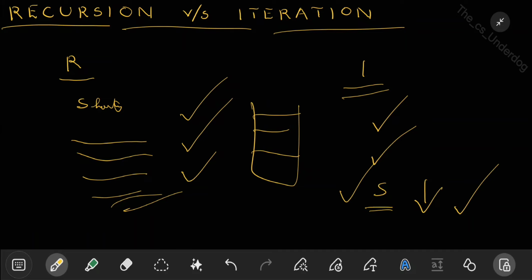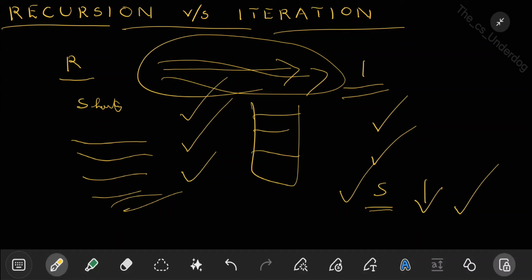So in many cases, converting a recursion to iteration may help you in reducing the space complexity of your approach. So the final one-liner is, theoretically, any iterative solution can be converted to recursion. Any recursive solution can be converted to iteration. Both are possible, but the practicality of doing so, that will depend from case to case.